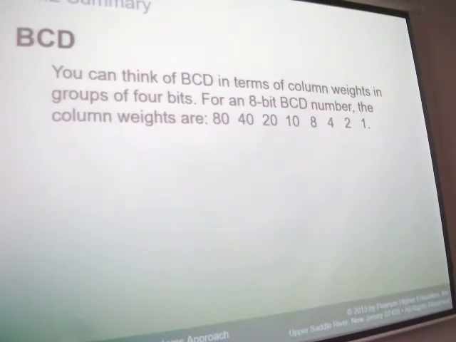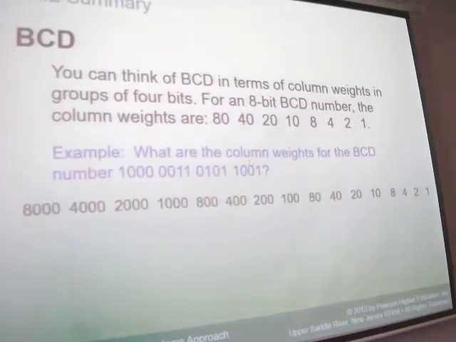You can think of BCD in terms of column weights in groups of 4 bits. For an 8-bit BCD number, the column weights are 80, 40, 20, 10, 8, 4, 2, 1.